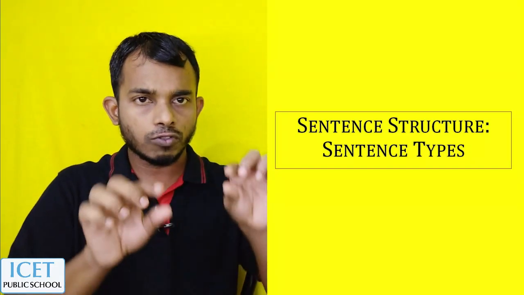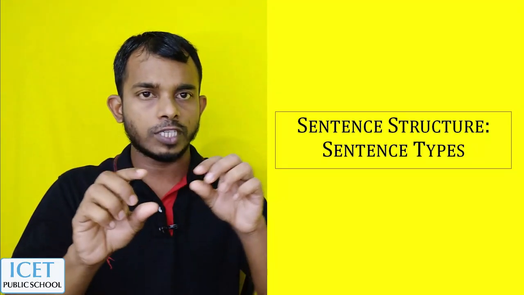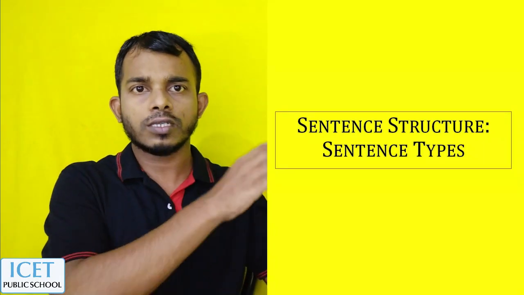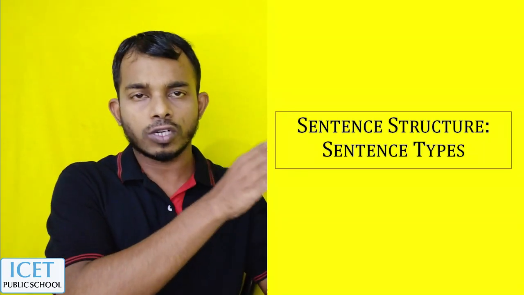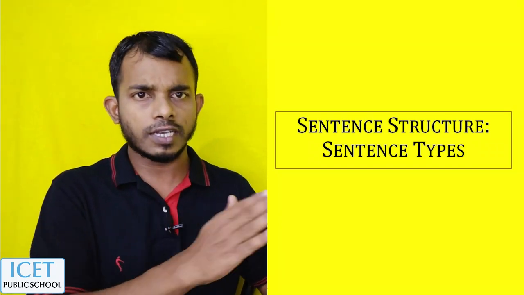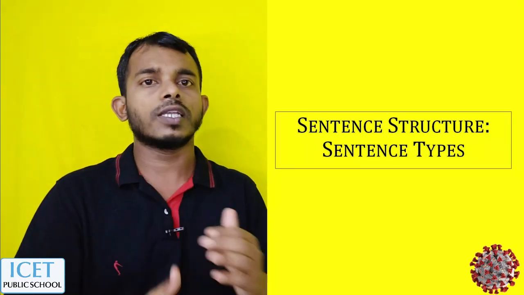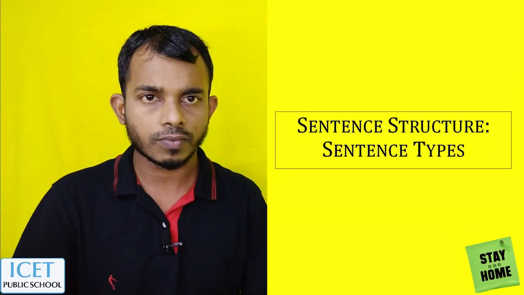Structure means how the sentence has been arranged. That means first subject, verb, object, then conjunction or coordinating conjunction, then again another verb. According to the structure of the sentence we can classify the sentences.